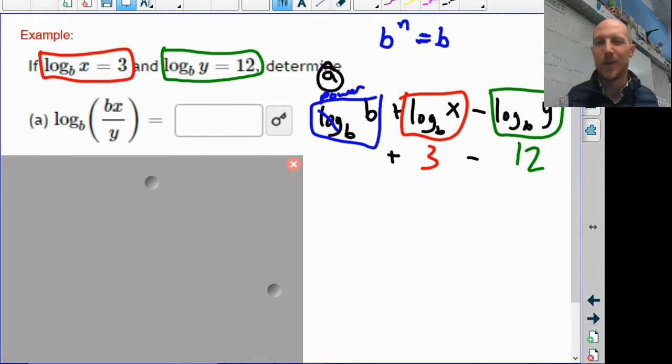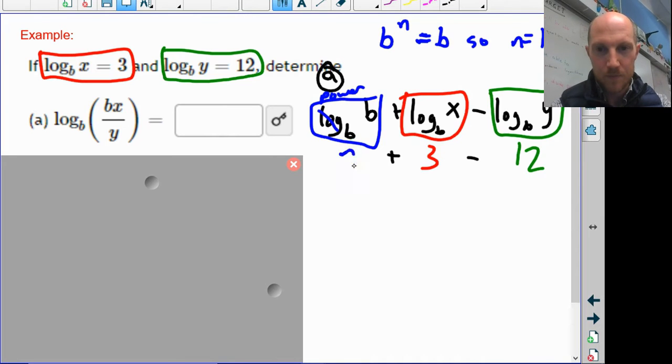Well, what power would do that? 1, right? Anything to the first power just equals itself. So n equals 1. So this part is not told to us in the directions. Log base b of b is 1. Now, 1 plus 3, that's 4. Minus 12 is going to give me negative 8.